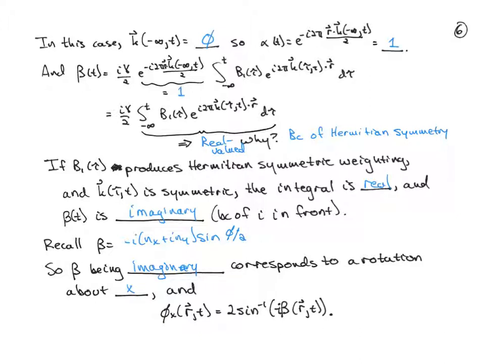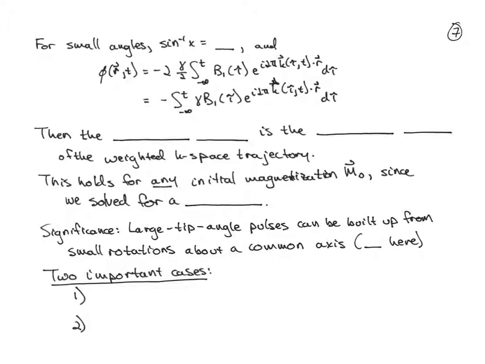And this rotation is equal to 2 arcsine of minus i times beta. Now we know that for small angles, arcsine of x is x. So beta is really equal to the flip angle pattern under this small excitation self-refocused case. So we can simplify it down again to get this expression for the flip angle pattern.